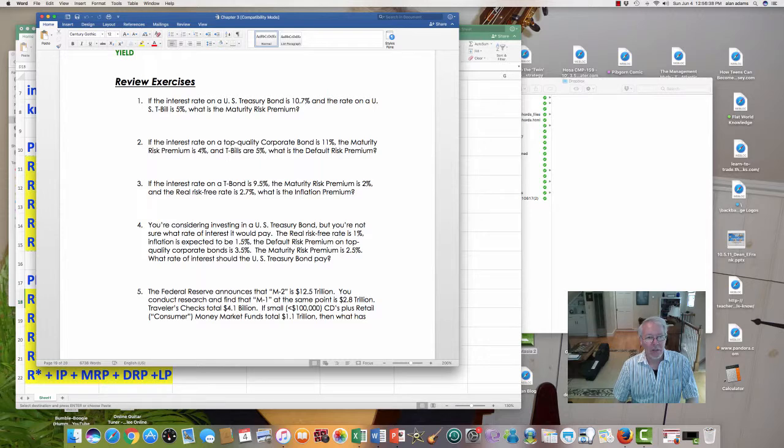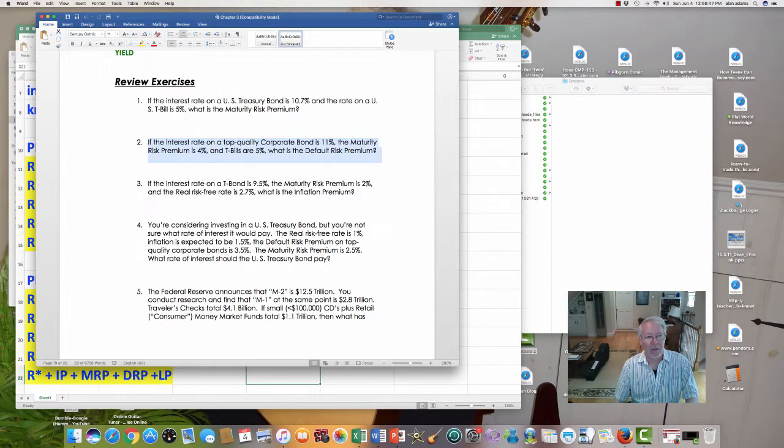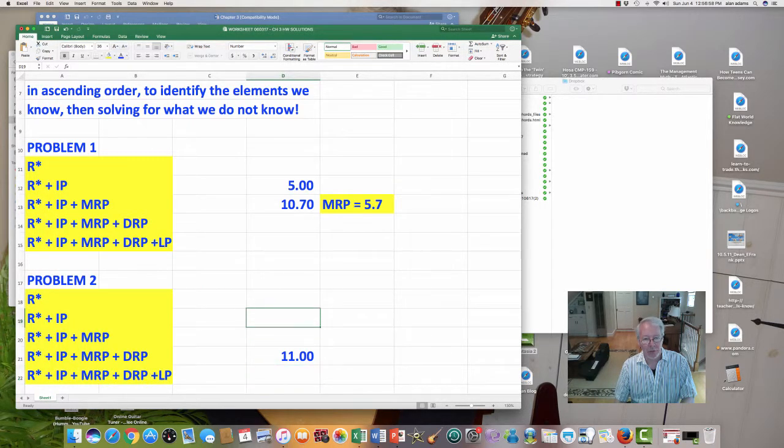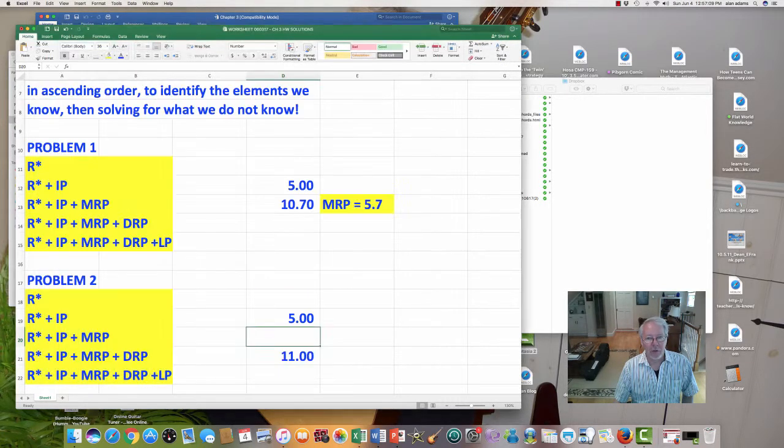It says the interest rate on top quality corporate is 11%. Top quality corporate would be right here. The maturity risk premium is 4% and T-bills are 5. So let's hang on to the T-bill for a moment. That's going to be 5%. Now, we're trying to find the default risk premium.